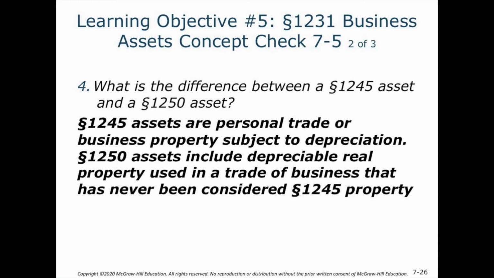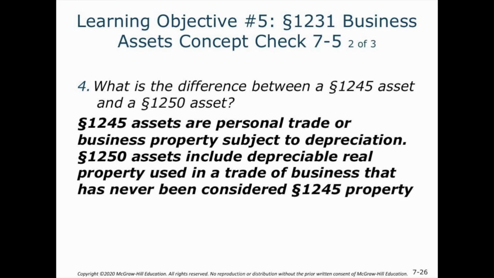And then what is the difference between a 1245 asset and a 1250 asset? Here, the 1245 asset, we're thinking of manufacturing equipment, with the depreciation amount being recaptured for an ordinary gain, with the amount above that cost still being taxed at a preferential rate for a capital gain.